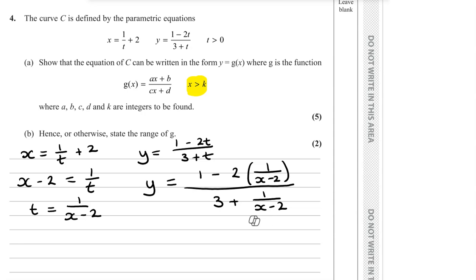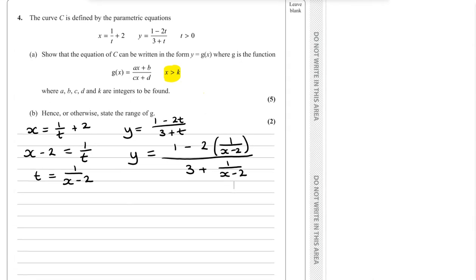My thoughts would be, if we multiply our numerator and denominator by x minus 2, then I'll be able to get rid of these fractions. So let's do exactly that. We're going to times the top of this by x minus 2. So I need to times both terms on my numerator by that. So 1 times x minus 2.